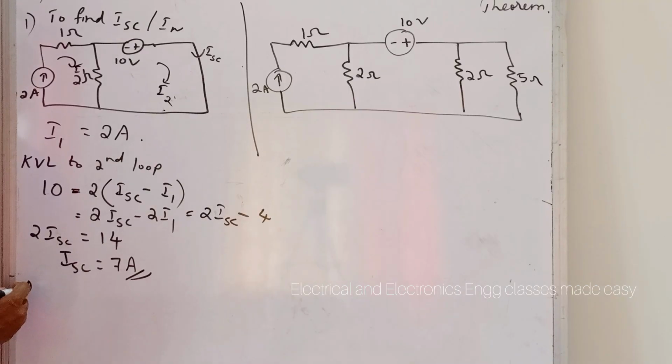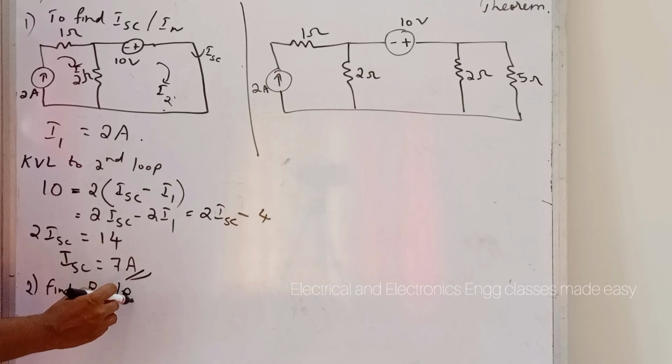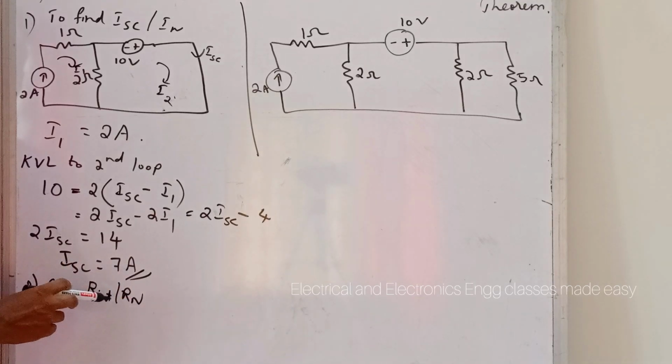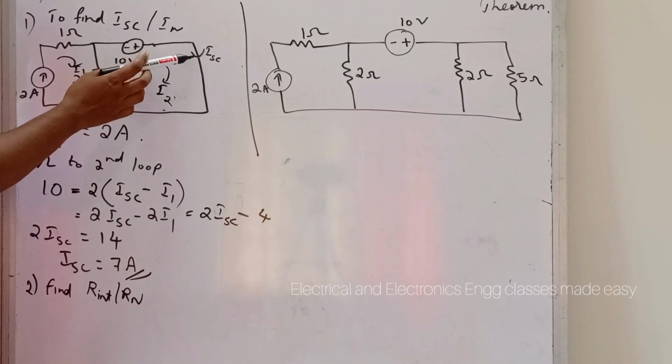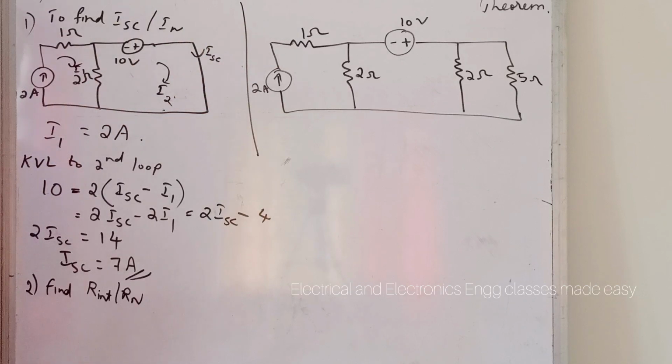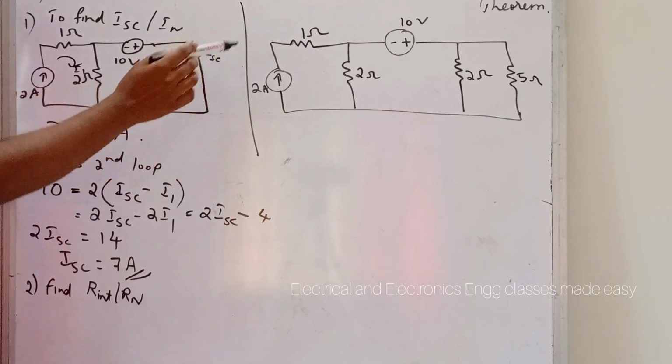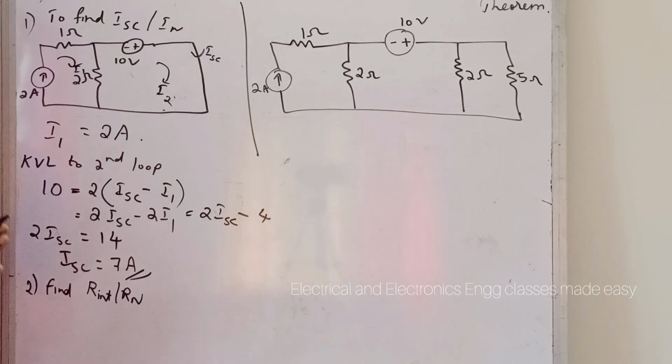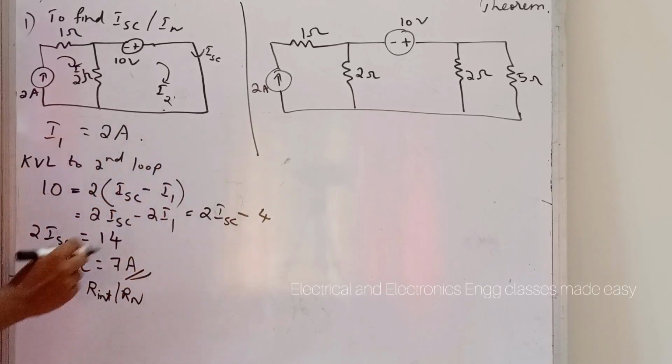Then the next step is to find R internal, that is R internal or Rn. To find the internal resistance or the Norton's equivalent resistance, we have to remove the 5 ohm resistor and also deactivate the given sources. So for that, redraw the circuit diagram.